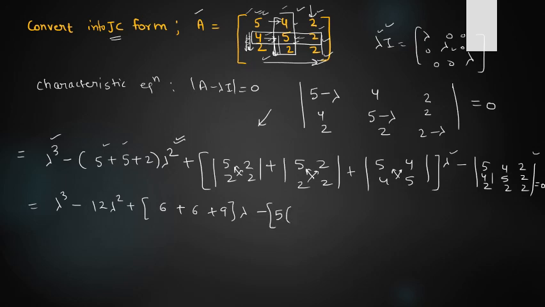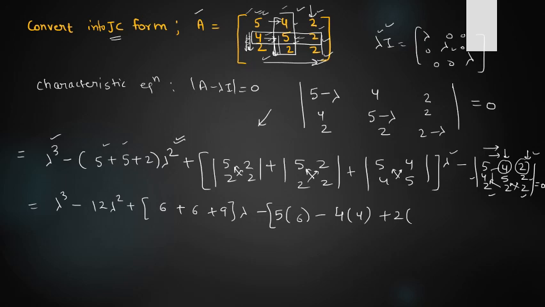So if you do this, 5 first row, first column, what is left? 5 times 10 minus 4, 6 minus, you have to take this one, then hide this row, this column. What is left? 4 times 2 is 8, 2 times 4 is 4, 8 minus 4 is 4, then 2. So you are hiding this row and this column.